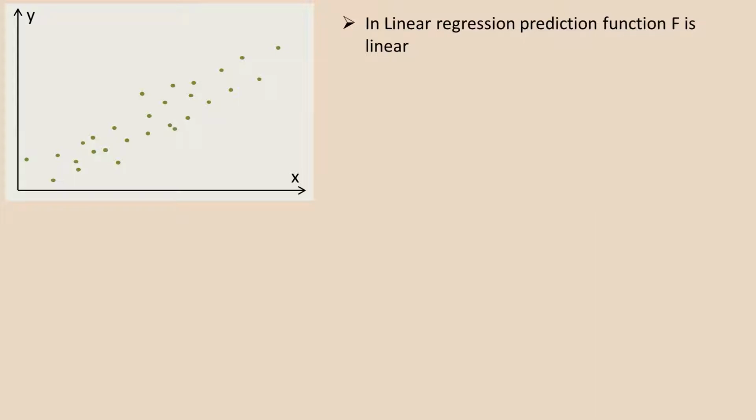As you can see, they are somewhat grouped around some straight line, and this is an indication that linear regression probably would be a good fit for this data. Otherwise, if they were not grouped around any line, if they were spread differently, or if they were in totally random order, you could conclude that linear regression is not a good candidate for building a prediction model for this kind of data.